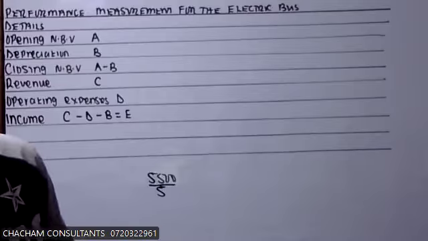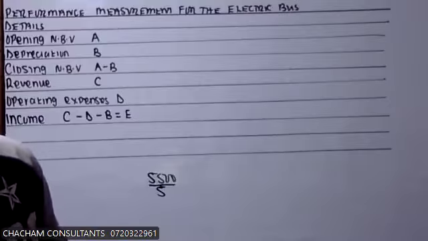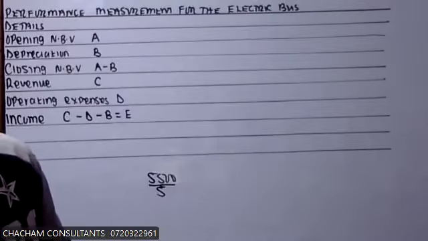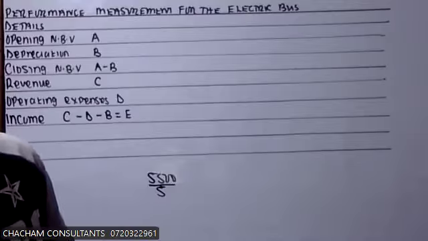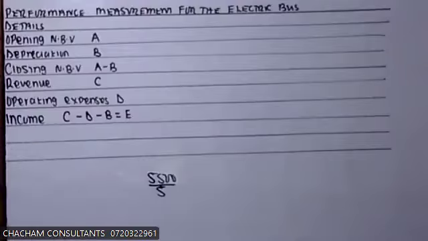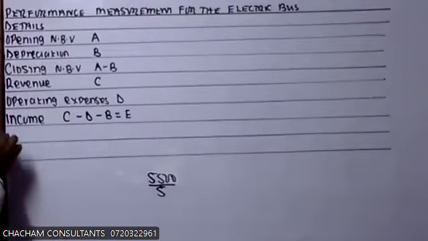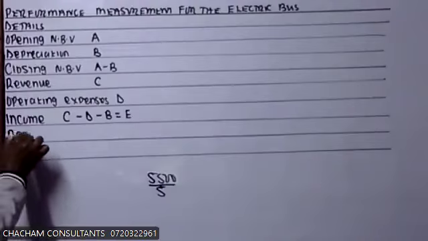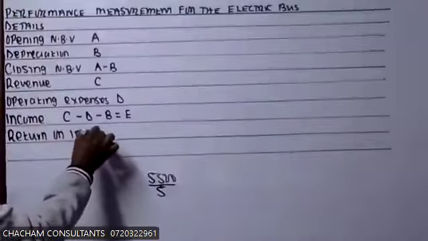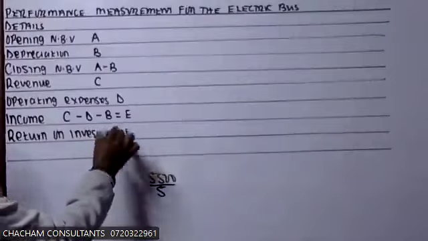Sioni kama kuna anything else. Because now we don't have the cost of capital, we will not be able to get the residual income. Sasa with that now we just go straight and get return on investment.